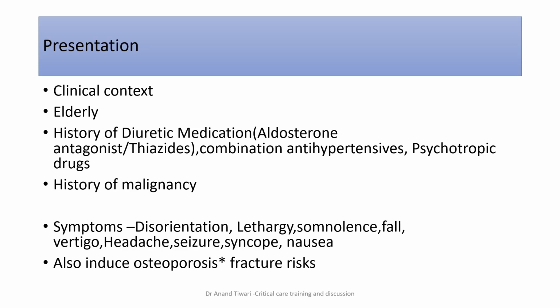And then of course the severity of symptoms, the neurological symptoms like lethargy, disorientation, repeated falls, osteoporosis causing fracture risks, headache, seizure is a warning signal that rapid correction may be required, and syncope and nausea. These are the neuro manifestations because of severe hyponatremia.